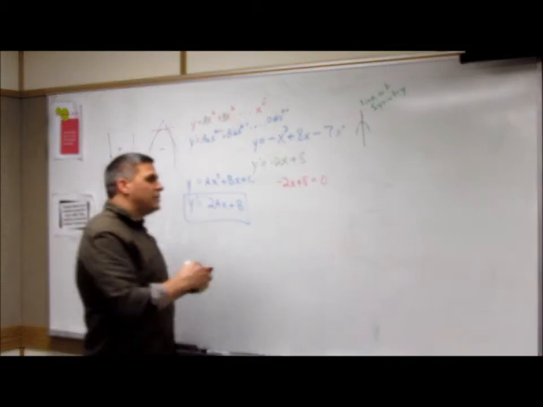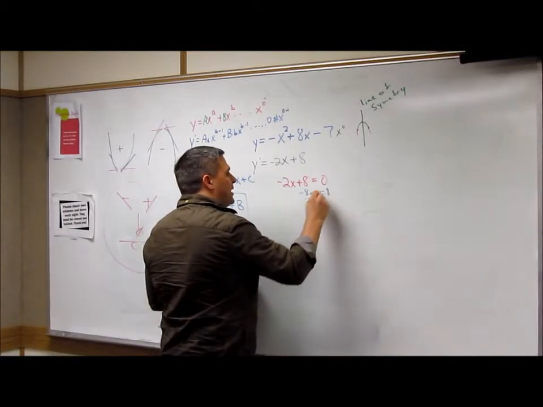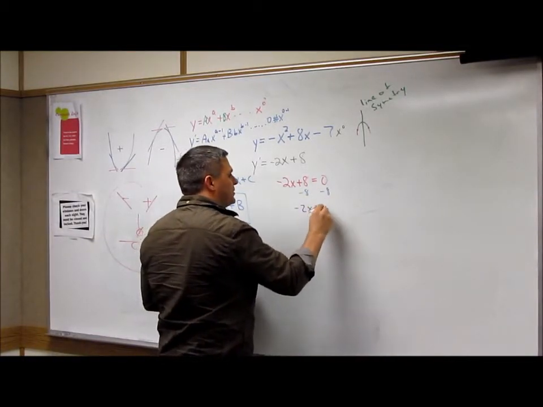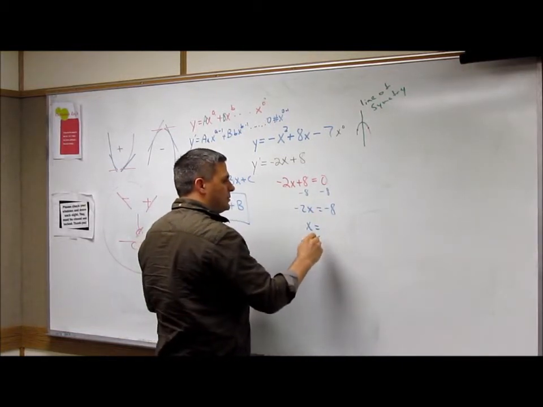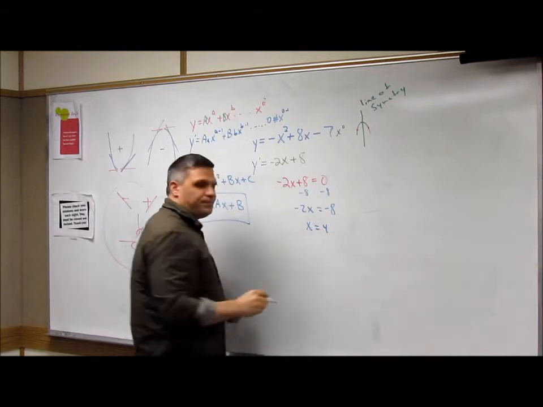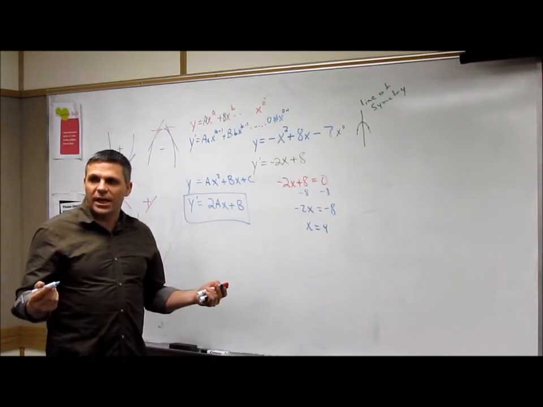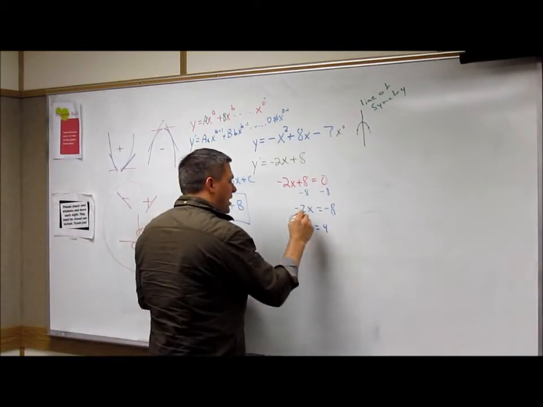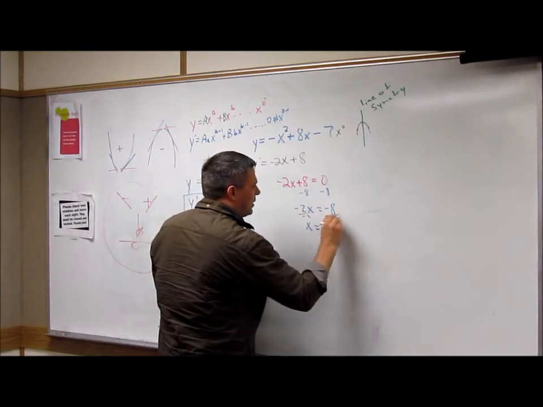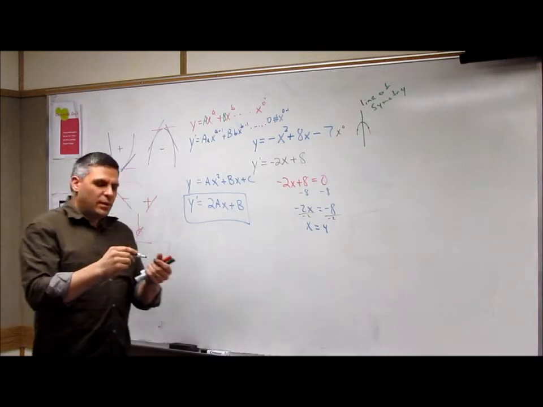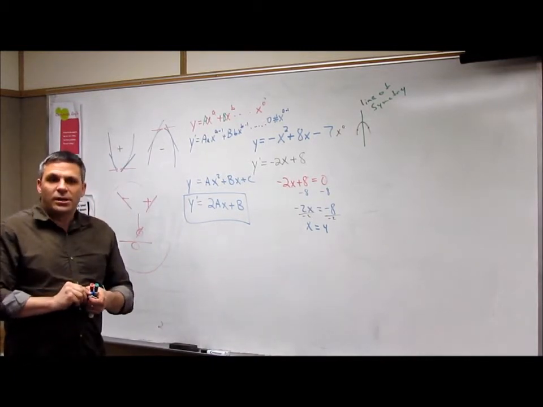It's real simple. Minus 8, minus 8. Negative 2x equals negative 8. Divide by negative 2, divide by negative 2, right? And I get x is equal to 4.